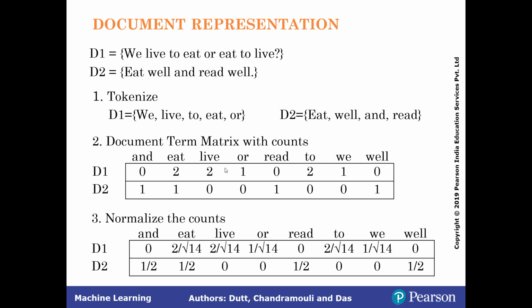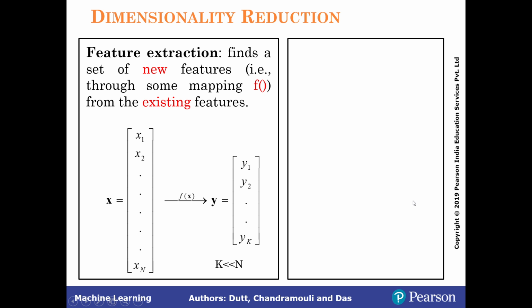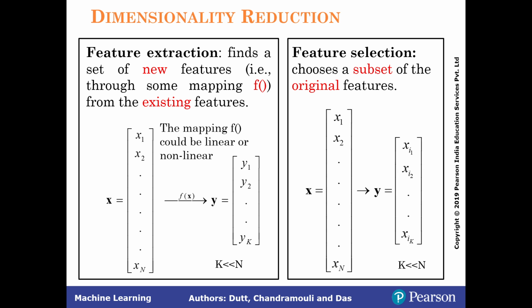Nothing but 2 square plus 2 square plus 1 square plus 2 square plus 1 square, that is 4 plus 4 plus 4, 12, 13, 14. Here if you observe, square root of 1 square plus 1 square plus 1 square plus 1 square is nothing but 4. Square root of 4 is 2. So this is how you are going to normalize. This is how we are performing it with respect to textual data.